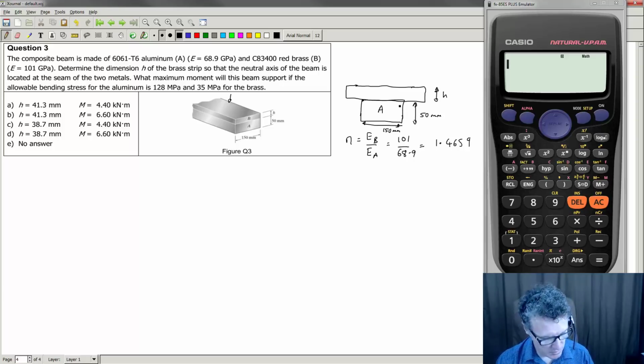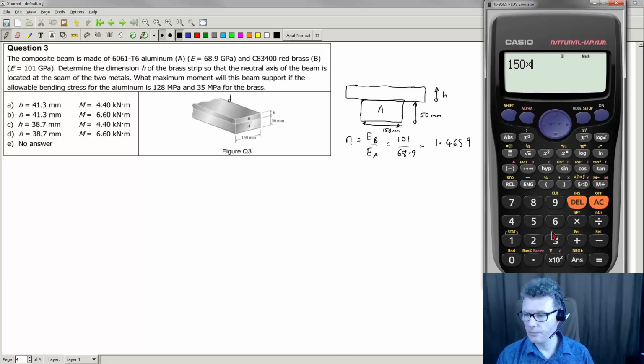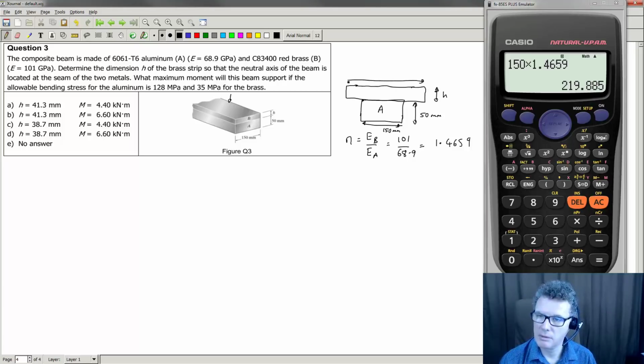The width of the top section, well, to work that out, I'm going to use the fact that I know this ratio times this scaling stiffness is therefore going to give me in effect this width here: 219.885.